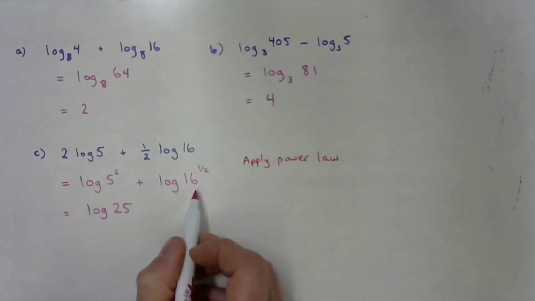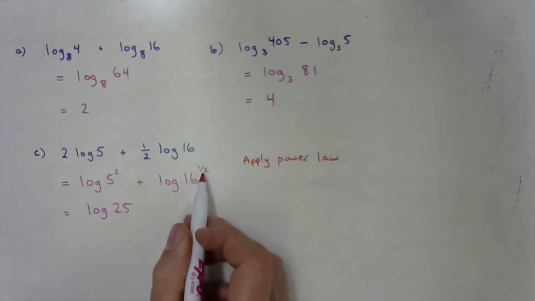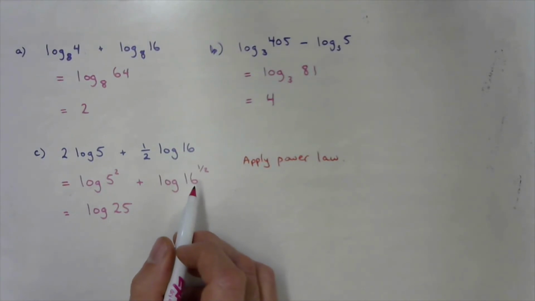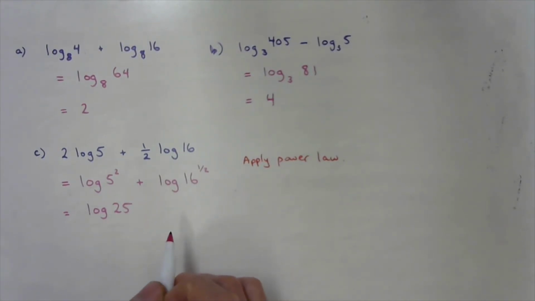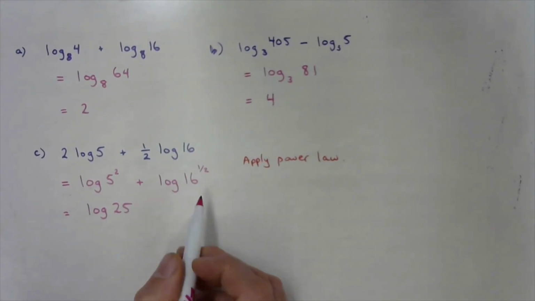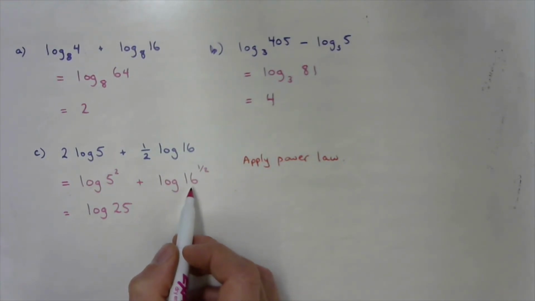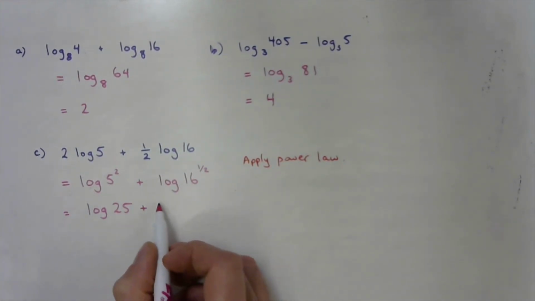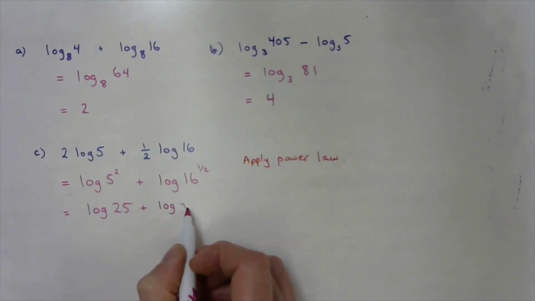How could I simplify this one? 16 to the power of 1/2? What does that mean? It's the square root of 16. Oh, yeah. Okay, I'll write that step. I was going to skip it, but we'll write it to remind us.